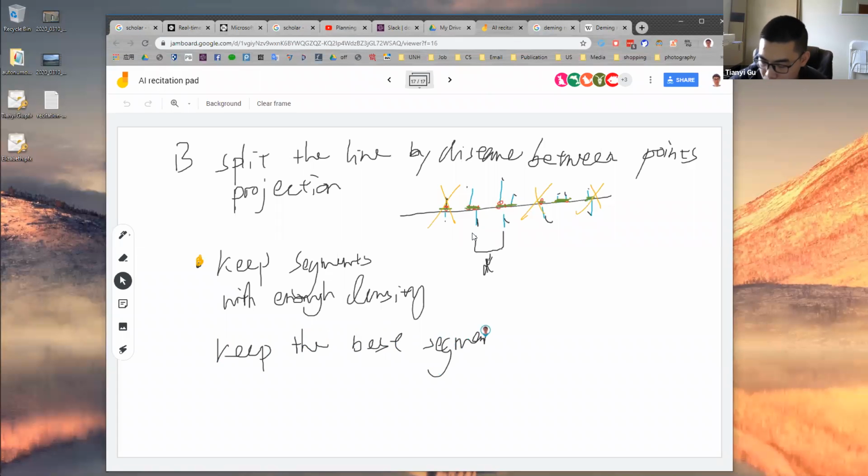So basically, I think we only select the ones. Yeah, I think we can keep multiple segments here in this step. So what I mean by written down, keep the best segments. Step C on the assignment makes it sound like we only keep one. Okay, yeah. So maybe you do want to keep just one.